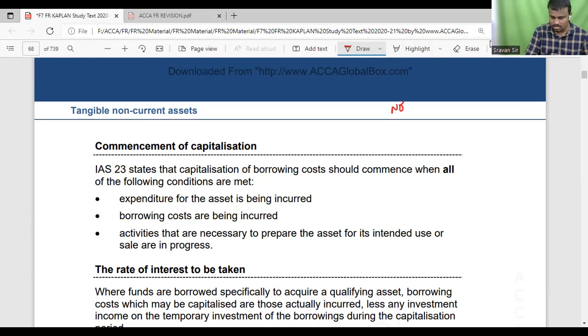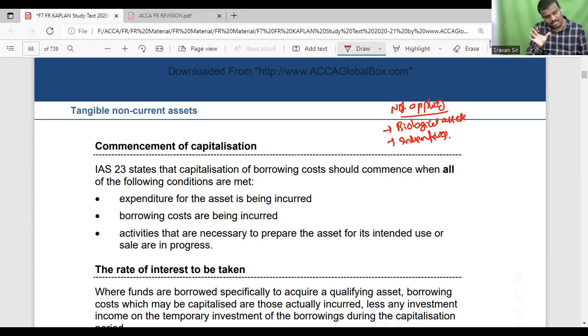IAS 23 is not applied to biological assets accounted as per IAS 41, that is agriculture, and to inventories. But not all inventories are excluded. Inventories which are manufactured regularly on a recurring basis are not covered here, because they are covered under IAS 2.